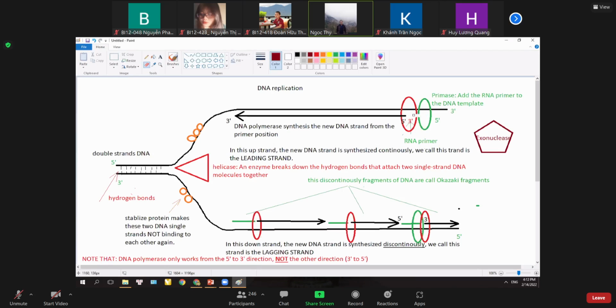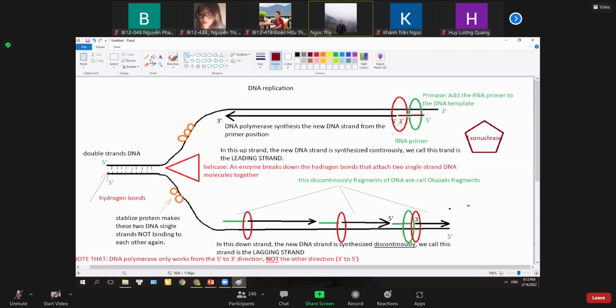Delete the RNA primer and insert the DNA into it.